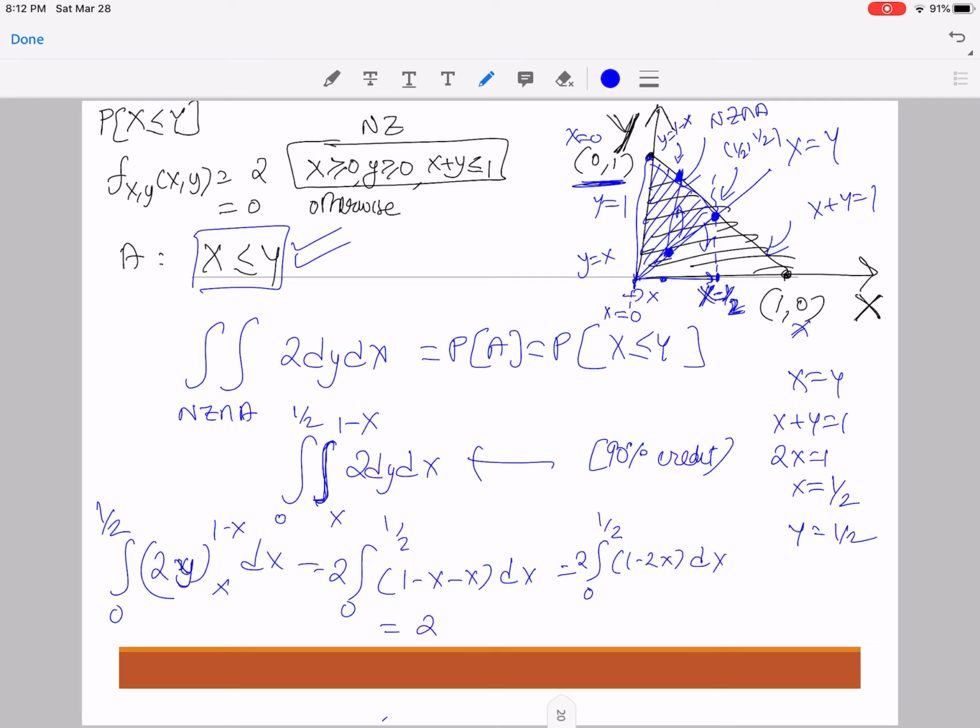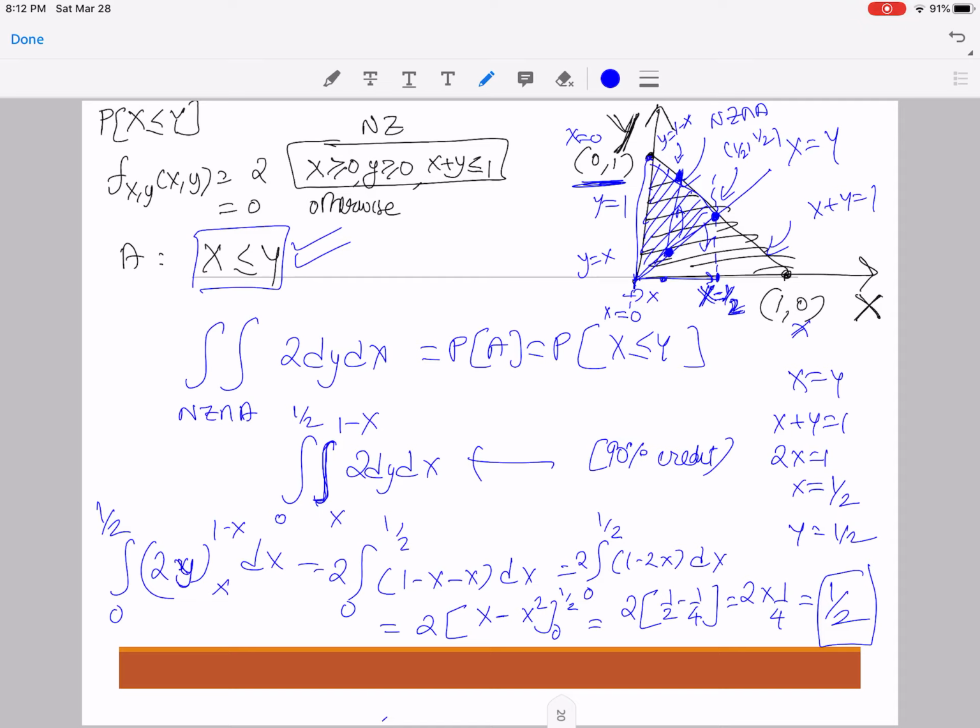So when I solve this integral, I get x minus x squared, from 0 to 1/2. So I get 1/2 minus 1/4, giving me 2 times 1/4, which is equal to 1/2. So that is the probability that x is less than or equal to y.